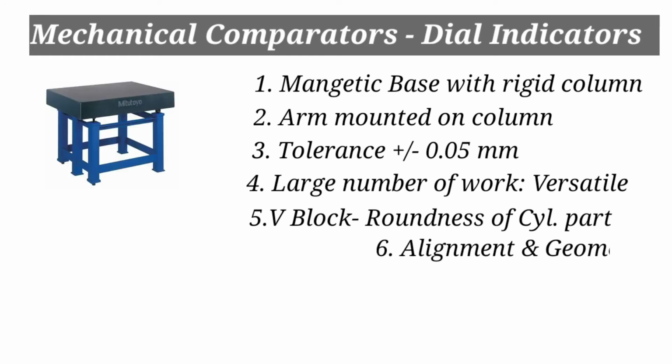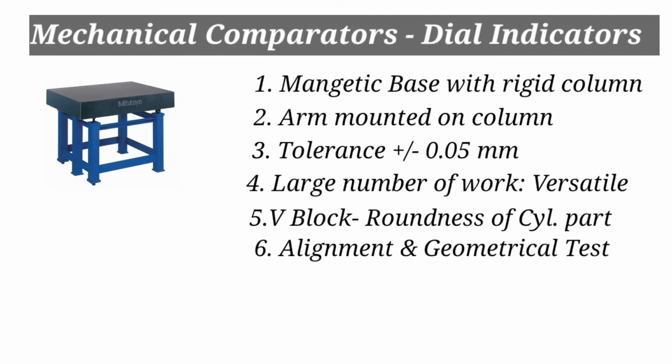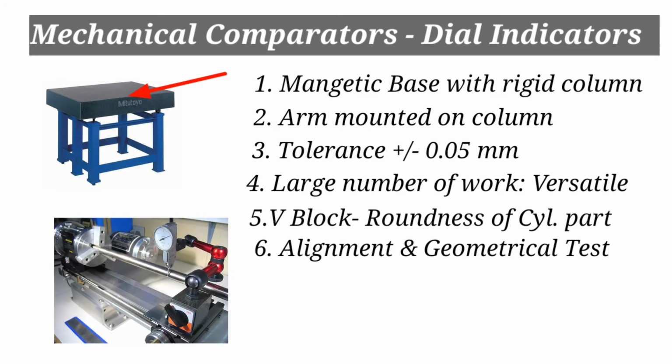Dial indicator is mostly used in case of alignment or geometrical tests, such as to check the straightness, flatness of machine tables, parallelism, equidistance, and alignment of slide ways, and axis of various moving parts with reference to some standard planes. True running and alignment of shafts and spindles relative to other axes and surfaces.